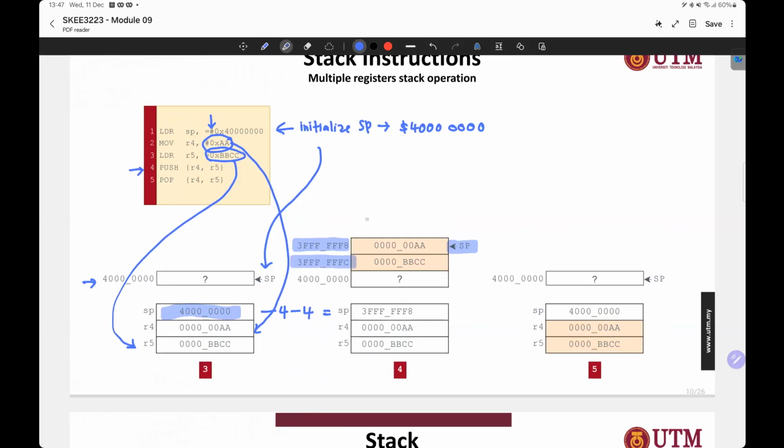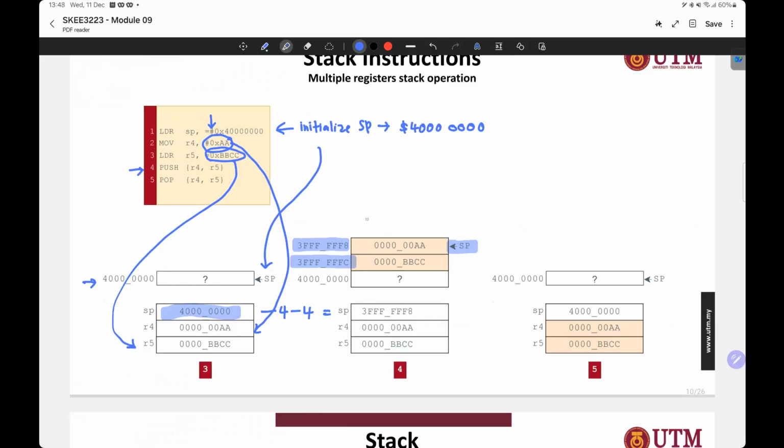The data from the higher register will be saved to the highest memory address, and the lowest number register uses the lowest memory address.